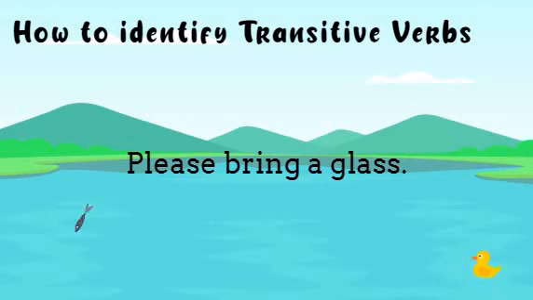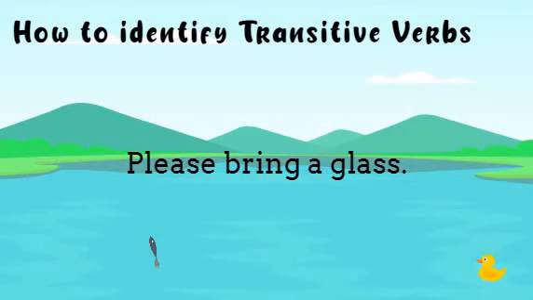In this sentence, the verb bring is transitive and the object is glass, the thing that is being brought. Without an object of some kind, this verb cannot function. If we had said, please bring, then we would have a question in our mind: bring what or who? The question begs itself because the meaning of bring demands an object.